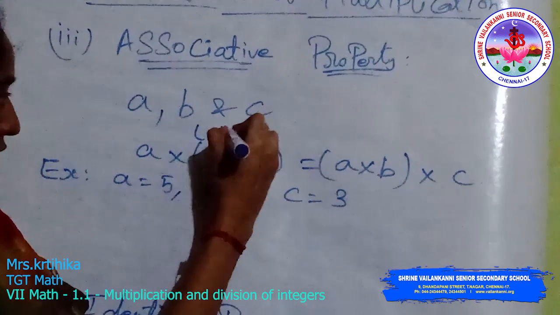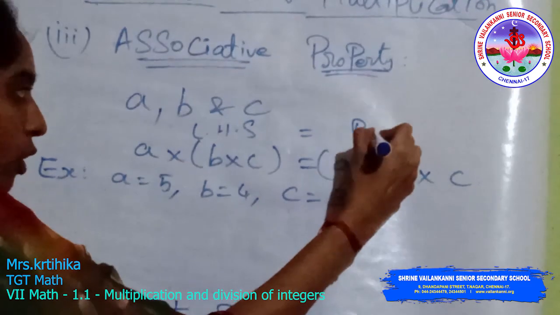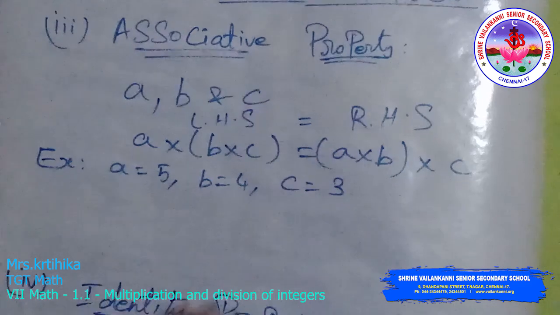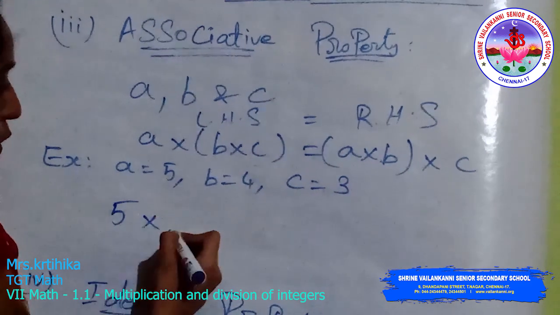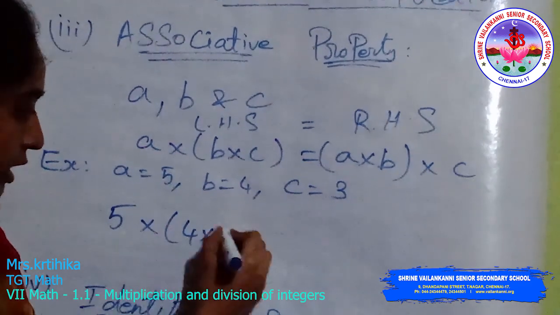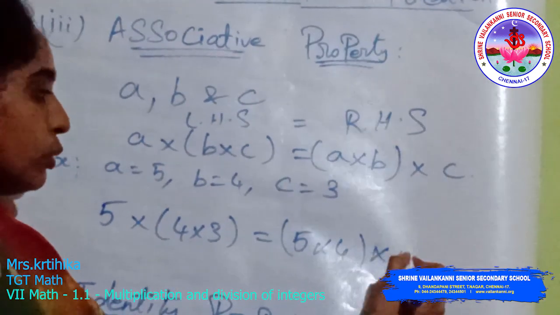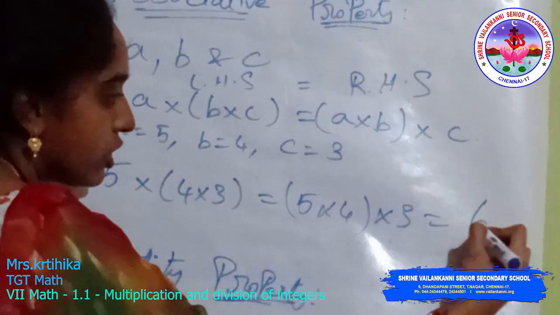LHS is equal to RHS. 5 into 4 into 3 is equal to 5 into 4 into 3 is equal to 60.